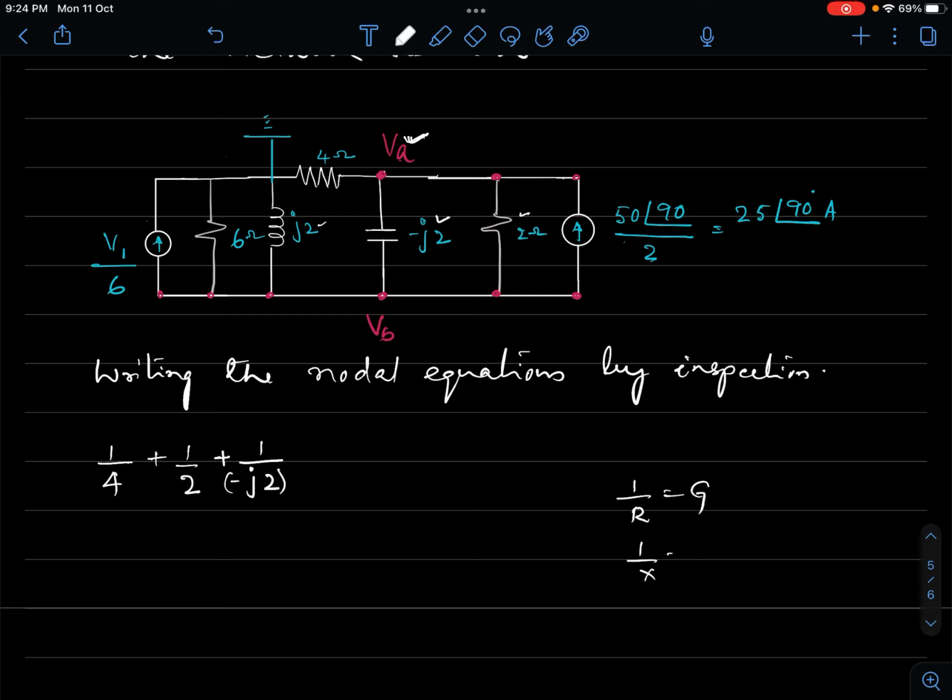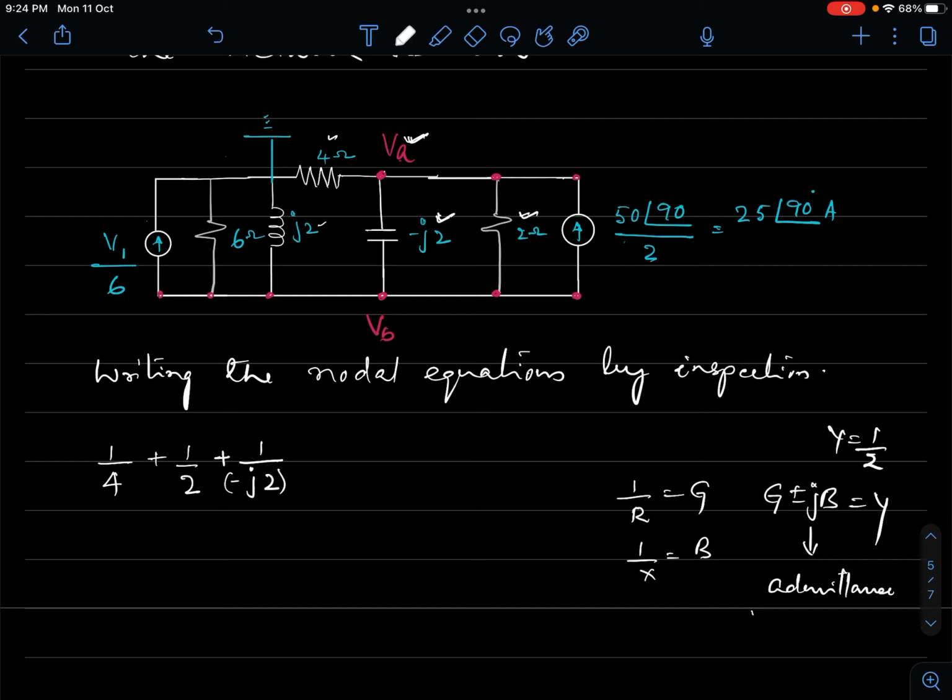Reciprocal of reactance is what we call susceptance, indicated by B. Collectively, G minus JB is what we call admittance, or in other words, Y, where Y equals 1 by Z. So when we talk about nodal equations, we take the sum of all the admittances meeting at node A. At node A, we have this 4 ohm, this minus J2, and this 2 ohm.